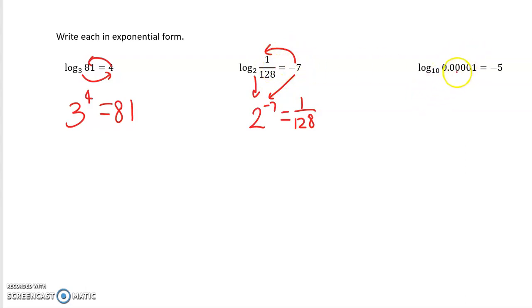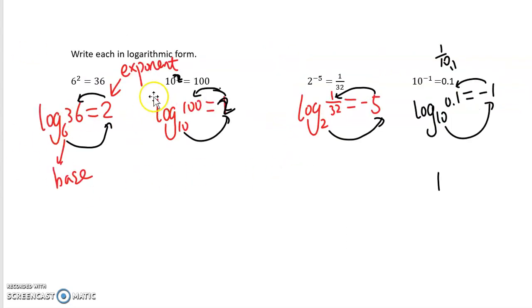And the last one will be base 10 raised to negative 5 equals 0.00001. Right here we didn't have to do any calculation for these types of questions. All we had to do was convert between the exponential form and the logarithmic form.